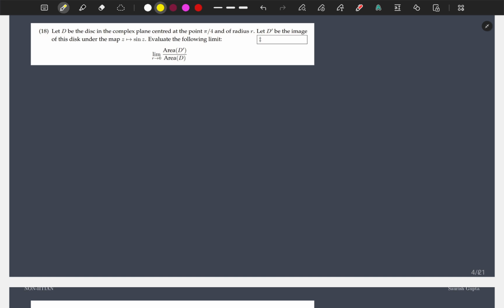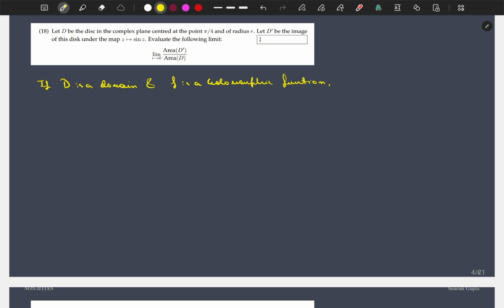See, remember this: if D is a domain, let's say, and f is a holomorphic function. Now we know that holomorphic functions behave as Mobius transformations, provided that the derivative is non-zero.